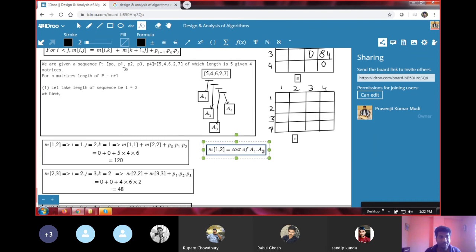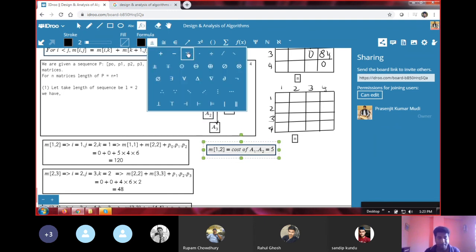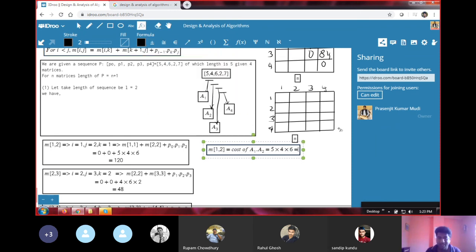And what is A1 dimension? 5 cross 4, right? A1 is 5 cross 4 from this table. A2 is 4 cross 6. That means 5 cross 4 and then 4 cross 6. So this is the total number of scalar multiplications. So 120. So without the formula we can compute M12.